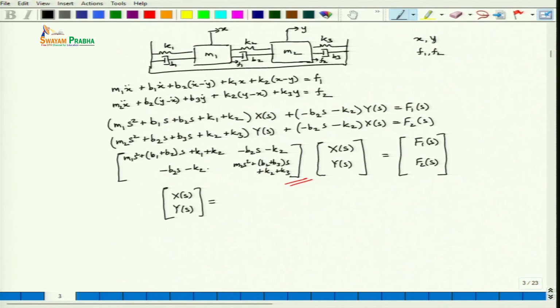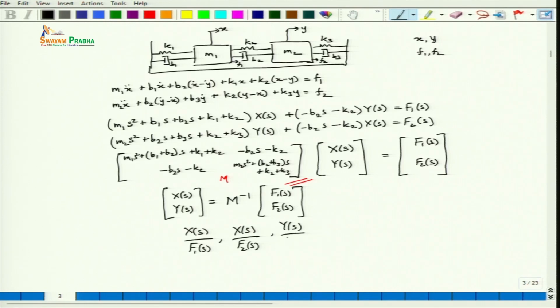So let us denote this matrix as M. So you'll get M inverse times F1 of s, F2 of s, and based on that we can find our transfer functions x of s divided by f1 of s, x of s by f2 of s, y of s by f1 of s, and y of s by f2 of s.